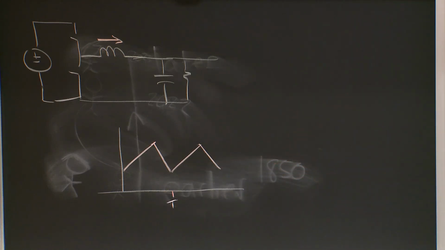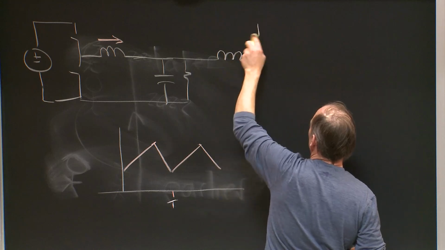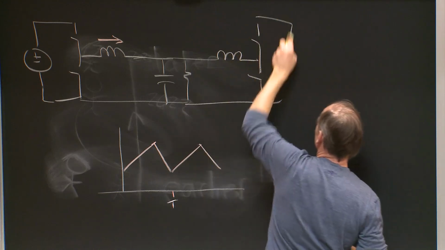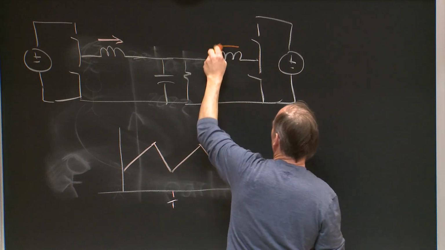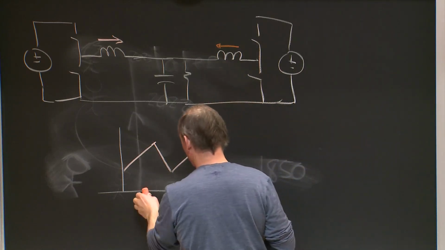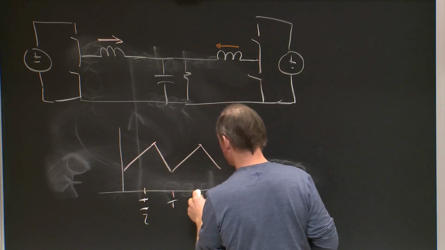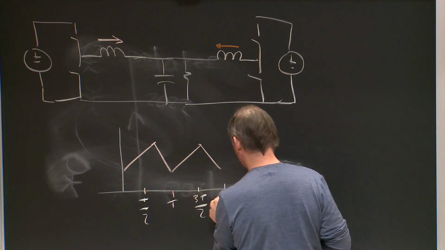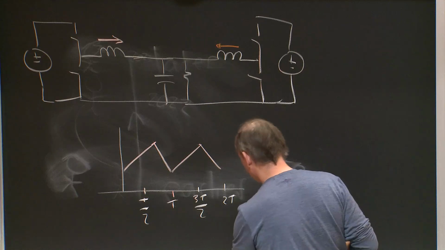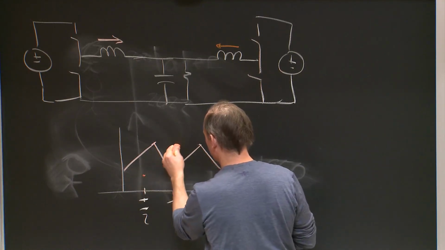Maybe I come in with a second unit, and I build another parallel one here, and I switch it with some phase shift, and it'll have an output current. Here's T over 2, and here's 3T over 2. Here's 2T, right? Maybe I will shift this one so that it starts half a cycle later, like this.